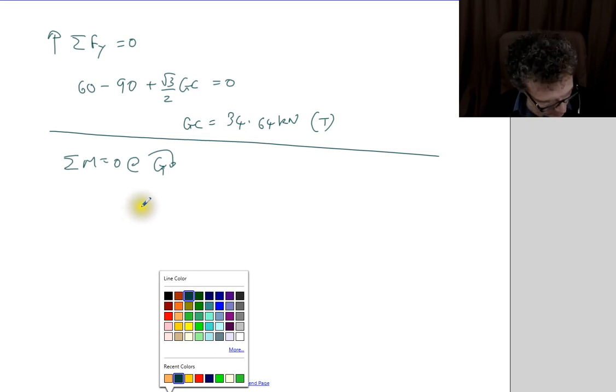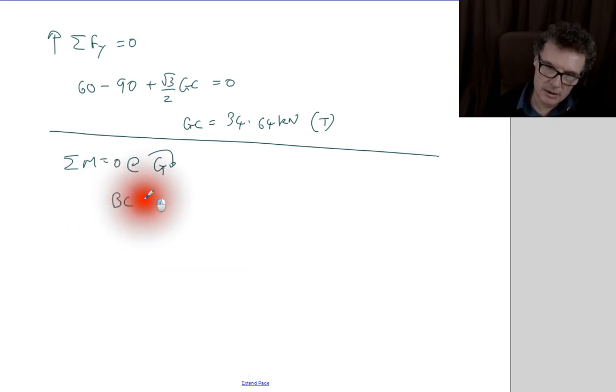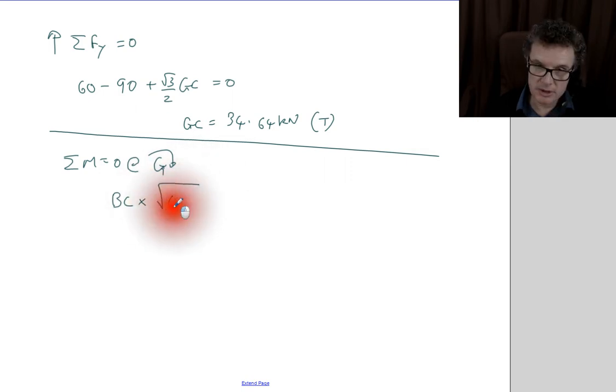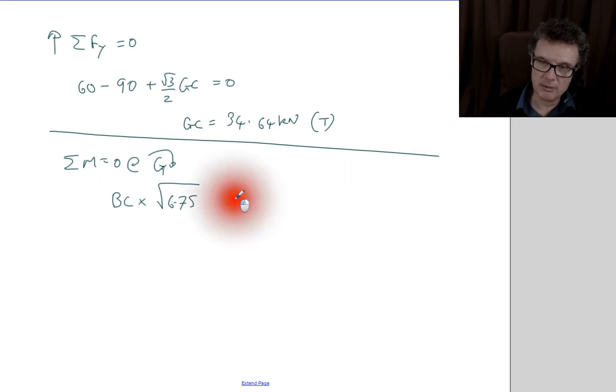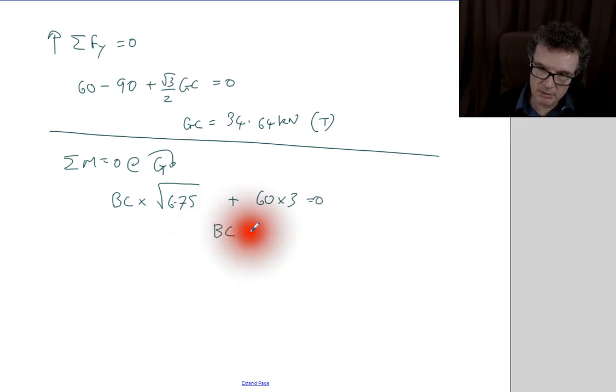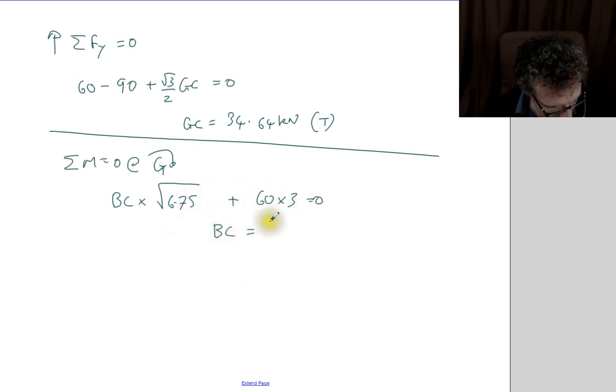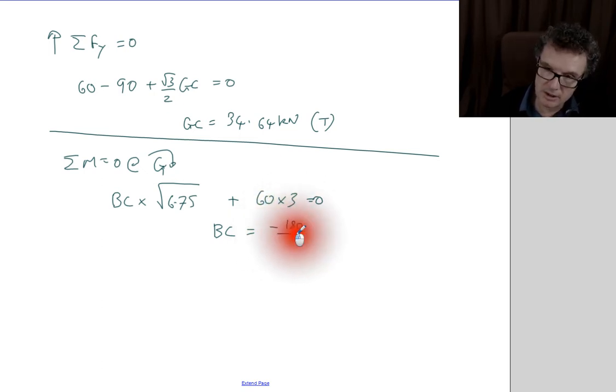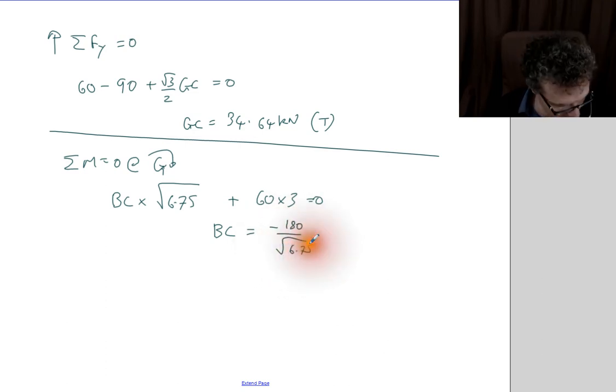Okay, so we have BC times by root 67.5, and then we've also got plus 60 times 3 equals 0. Let's rearrange that. BC will then become, do a bit of fiddling, and you're going to end up with minus 180 divided by root 675.